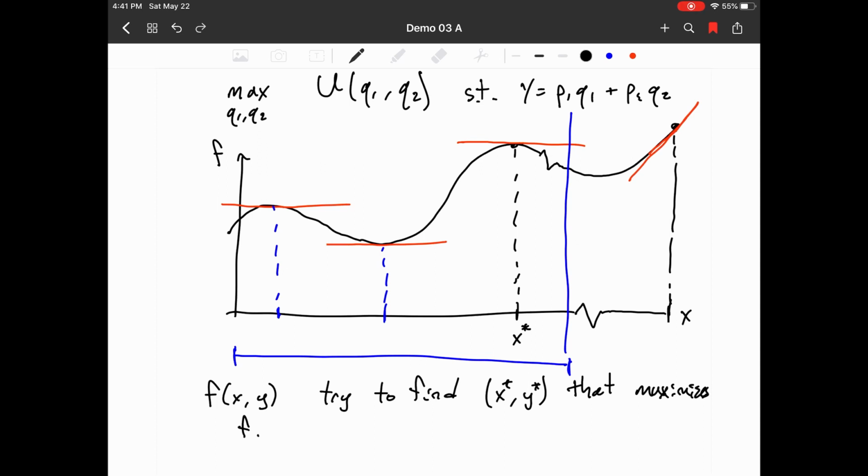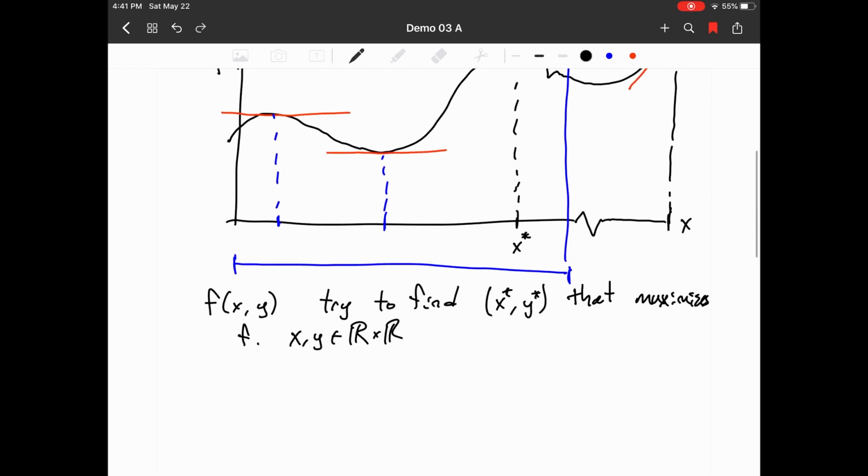And we're going to say x and y are all values on the reals. All right, so we can write this as max over x, y of f of x, y.